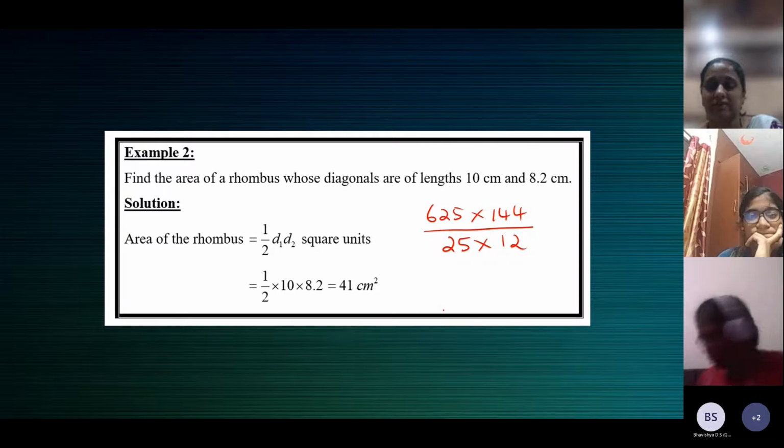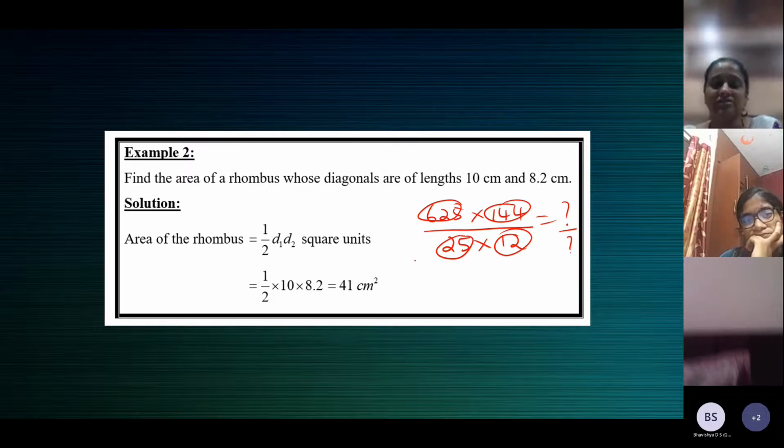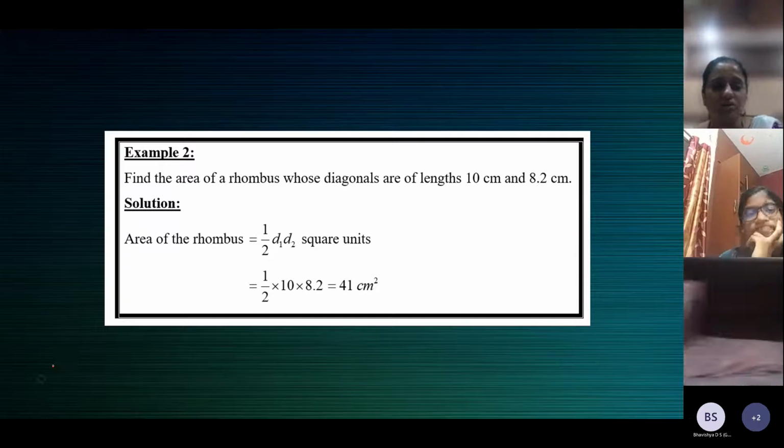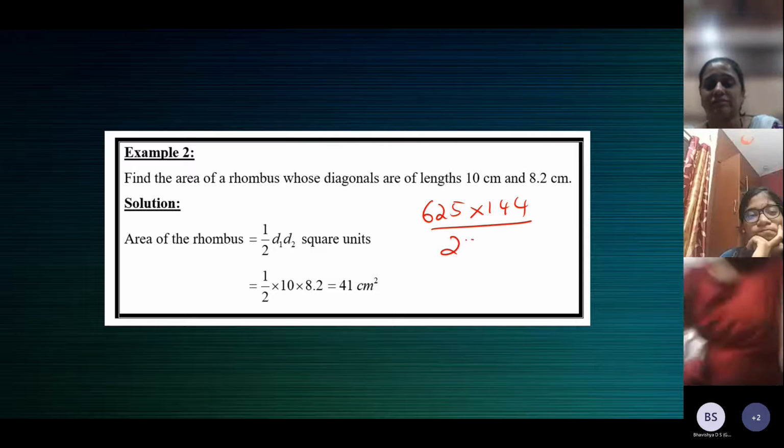Now, why do you want to multiply 625 and 144, get a huge answer, multiply 25 and 12, get another answer, and then divide these two? You'll take some time to multiply these two numbers, and some more time to multiply these two numbers, and some more time to divide and find the quotient. Instead, you must first simplify, and the leftovers you should calculate.